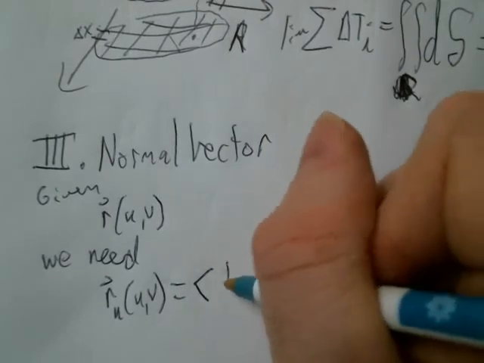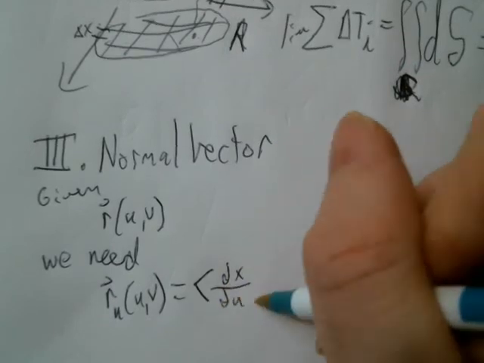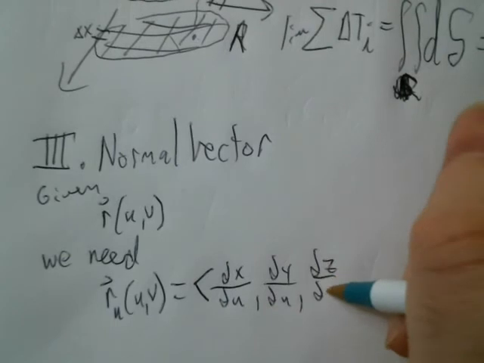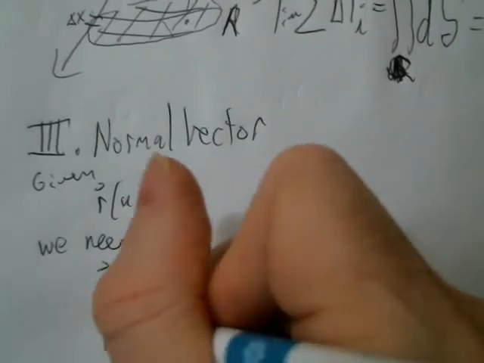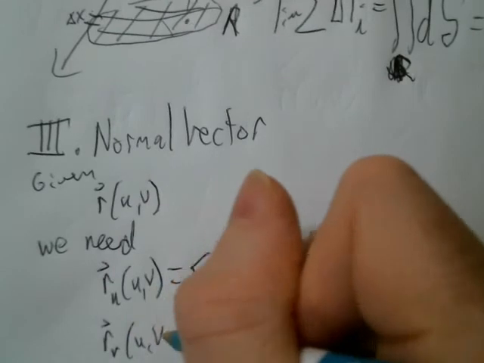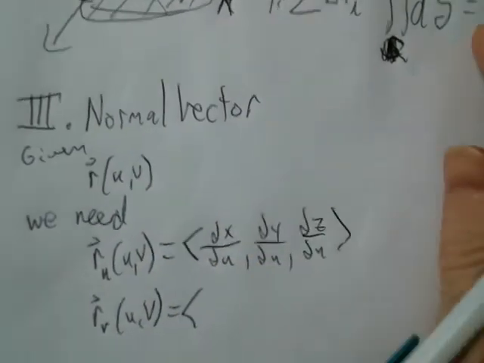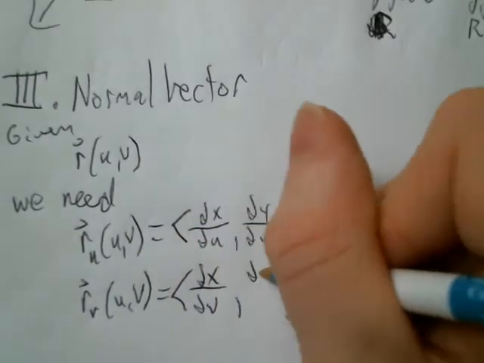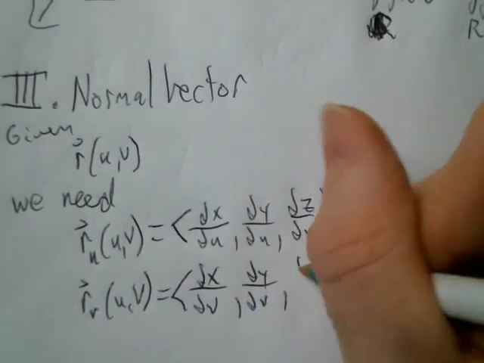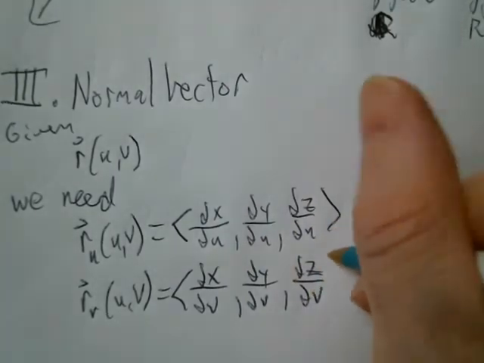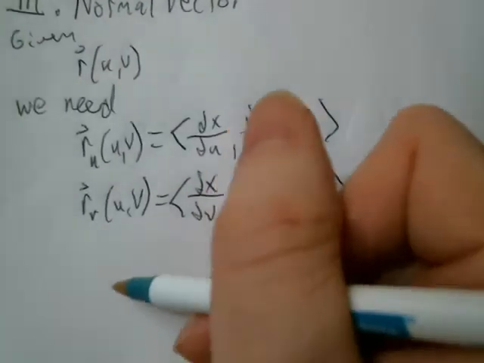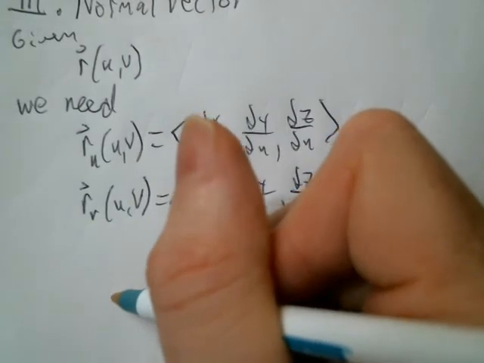So we have the partial of x with respect to u, partial y with respect to u, etc. And then the partial of r with respect to v, which would be the partial of x with respect to v, the partial of y with respect to v, and the partial of z with respect to v. And then we want to get these vectors on the surface.